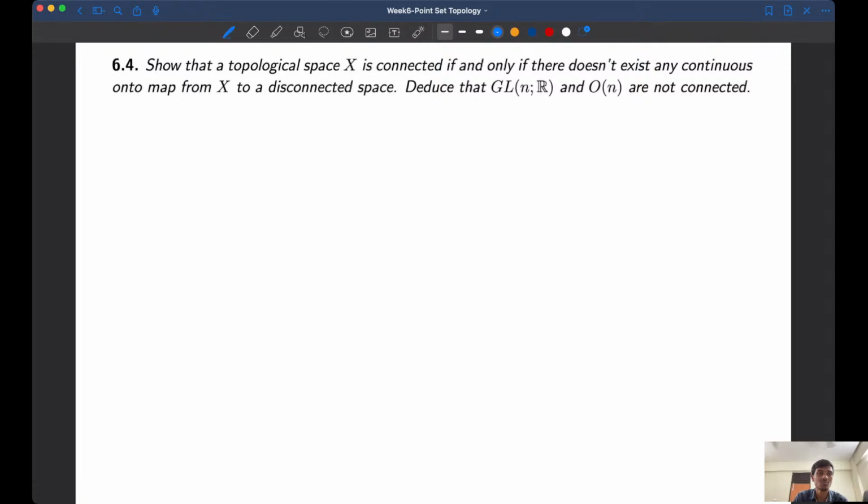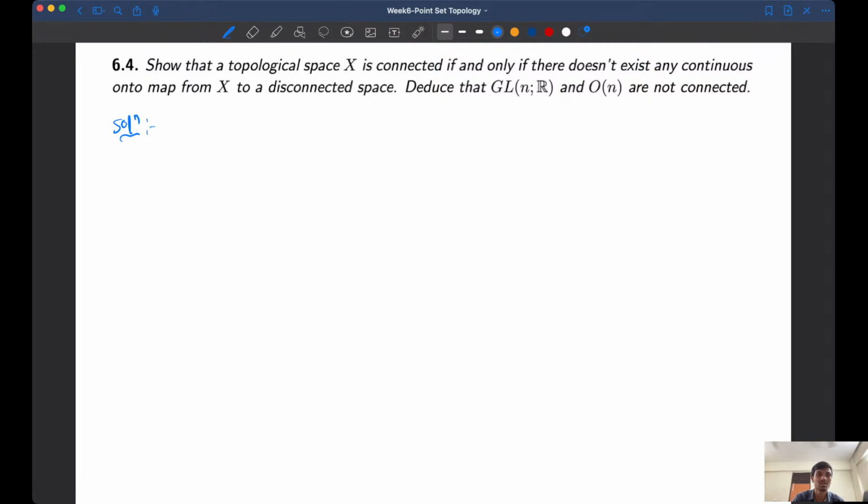Showing non-connectedness by the existence of such a continuous onto map is sometimes useful, as in the case here where I'm considering GLn(R) and On. There I actually have such a continuous onto map from the space to a disconnected space, so immediately I can say that they are not connected.